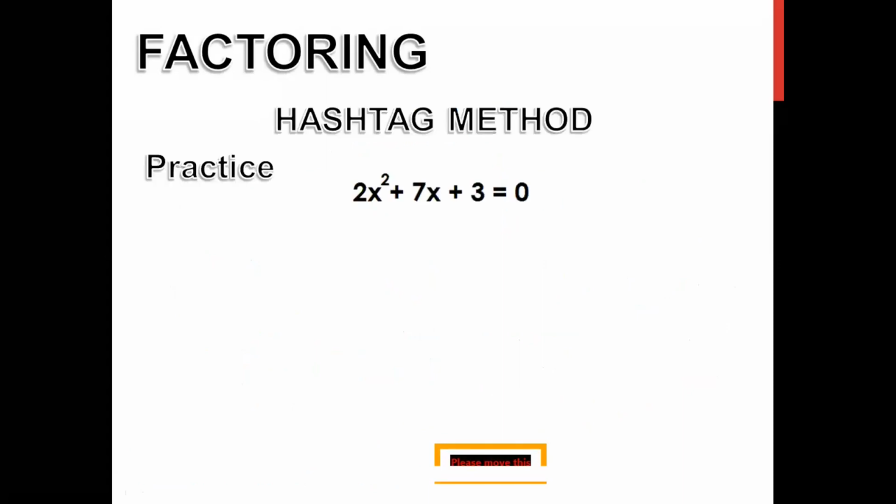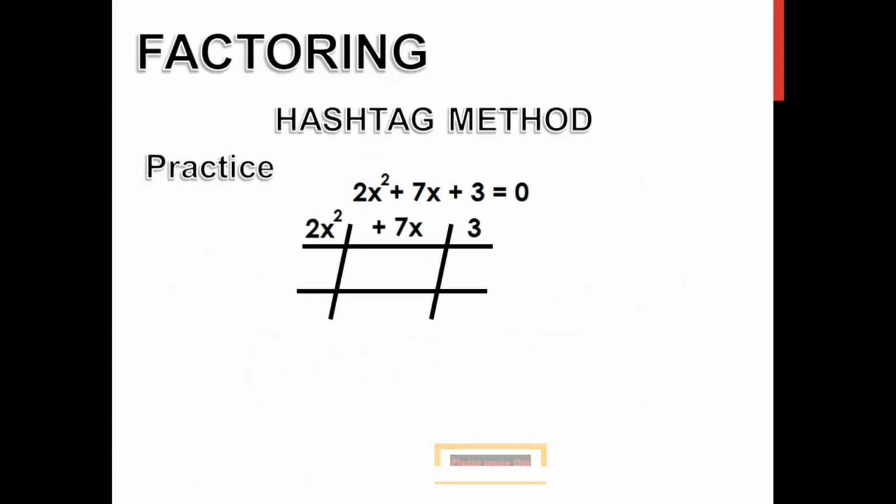Okay, next, the 2x squared plus 7x plus 3 is equal to 0. So make our hashtag, put our equation, then put the factors that agree. So we have 2x squared here. So the factors of 2x squared is 2x or x.